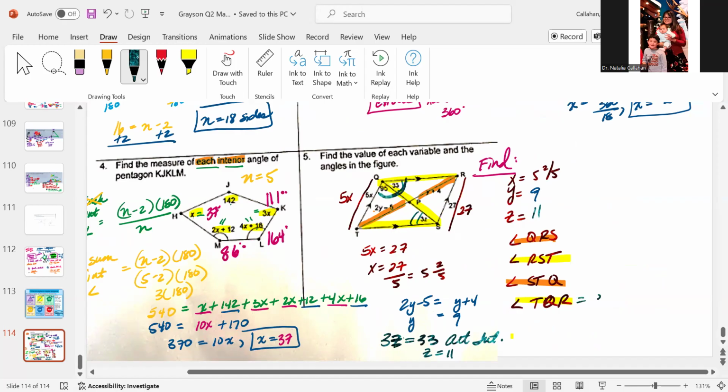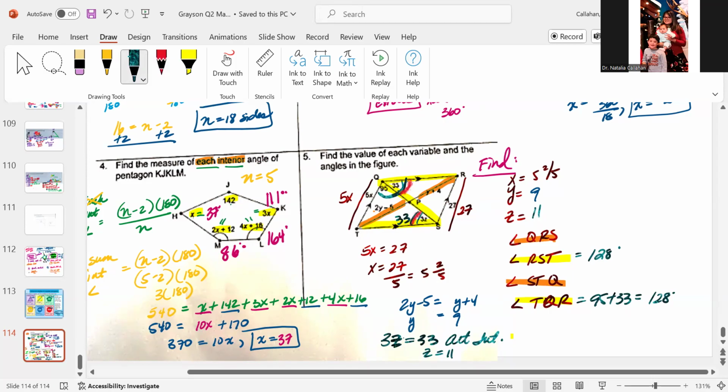Do you see that angle is 95 plus 33, which is 128? So then which other angle is 128? RST, because they're not equal. And if this angle is 33 right here, this angle is 33, isn't this angle 33? Yeah. So this angle is 33, right?